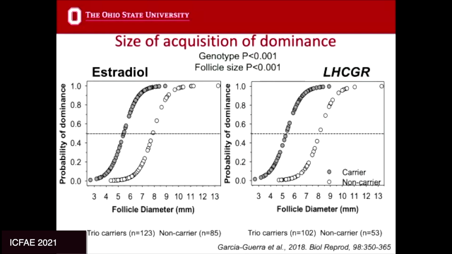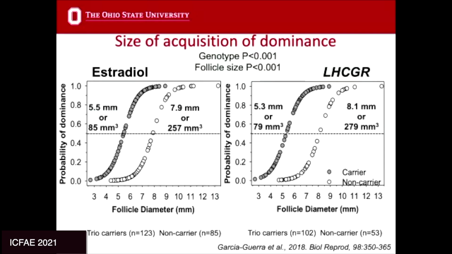We did that for estradiol, for LH receptor, and for several other factors. And we always come up with the same type of graph, basically a relationship. Follicle size has a relationship with the probability of dominance. So the bigger they are, the more likely they are to be dominant.